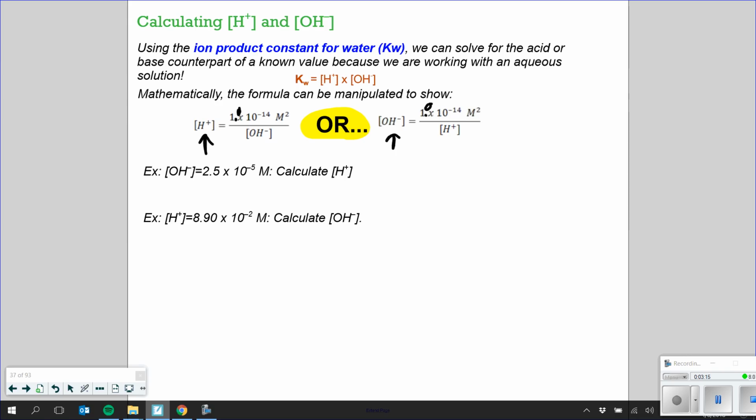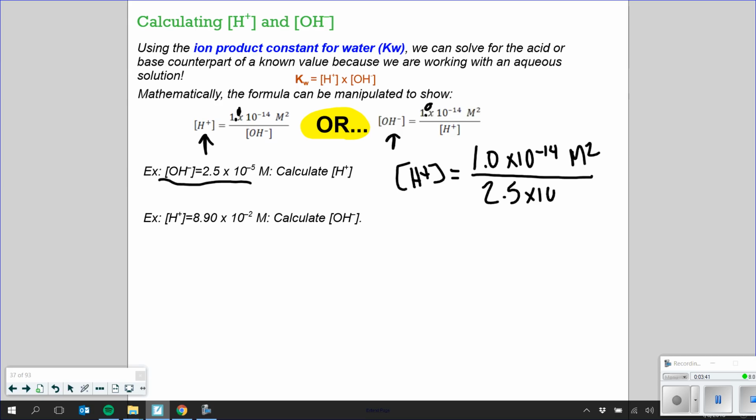For example, if I'm given that my hydroxide concentration is 2.5 times 10 to the negative 5th, and I'm trying to calculate my H+ concentration, I simply rearrange my equation for Kw to solve for H+. So my H+ concentration is going to equal 1.0 times 10 to the negative 14th divided by 2.5 times 10 to the negative 5th, which is my hydroxide concentration.